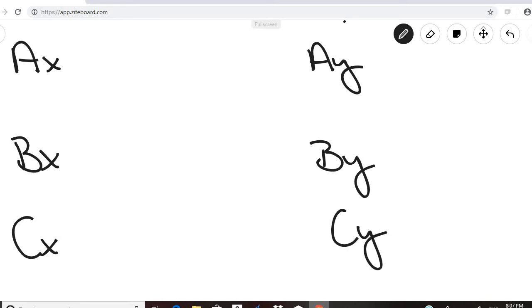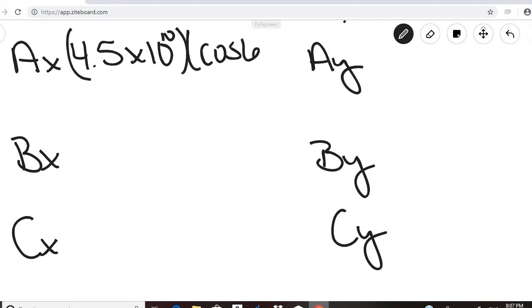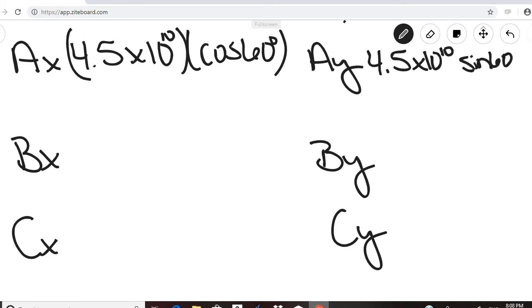So A to the X would be the vector that we calculated, 4.5 times 10 to the 10th newtons, times the cosine of 60 degrees. And over here would be the same thing, 4.5 times 10 to the 10th times the sine of 60 degrees.